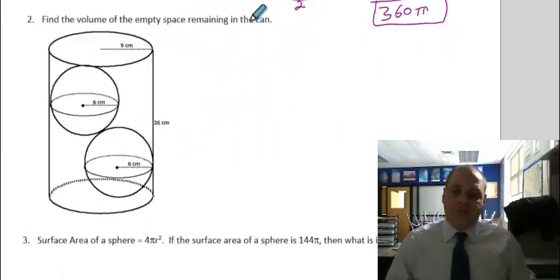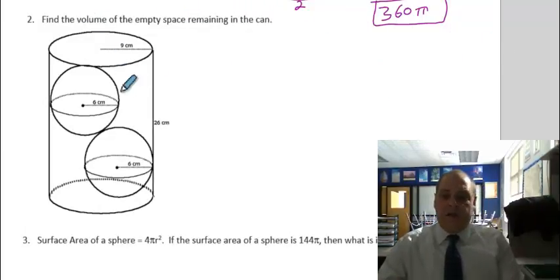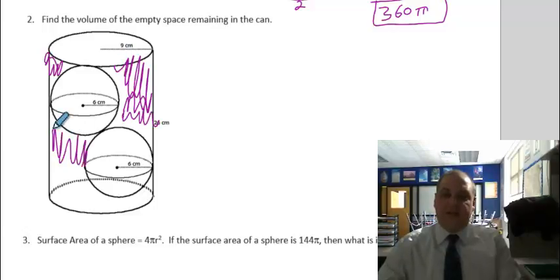Find the volume of the empty space remaining in the can. Okay, so this one here, we want the volume of the empty space. So it's all this space right here. So it's basically volume of a shaded region. Okay, it's all the leftover space.